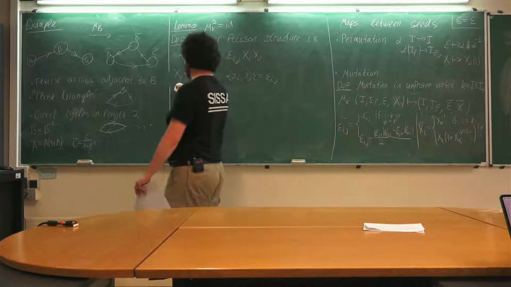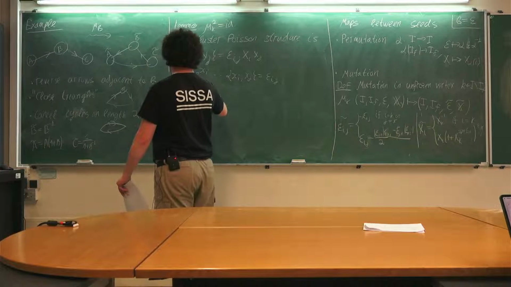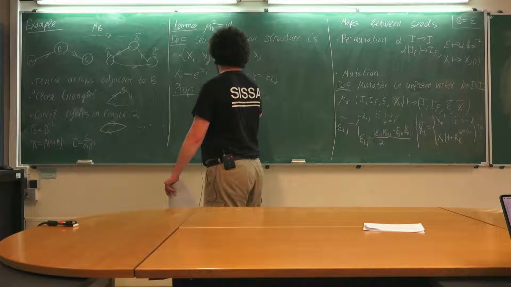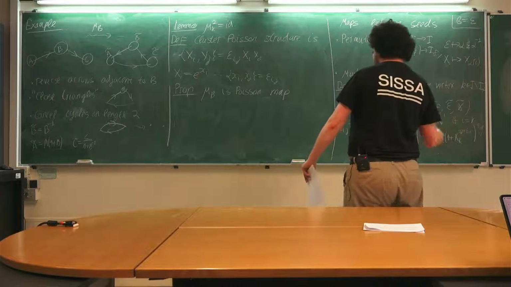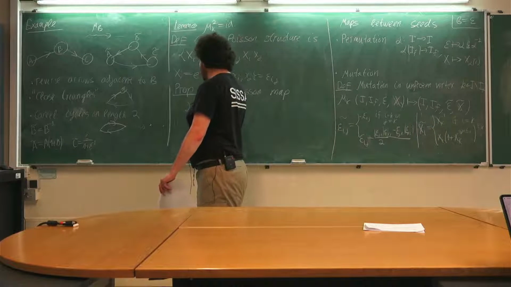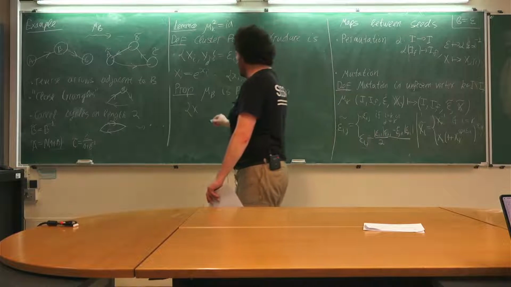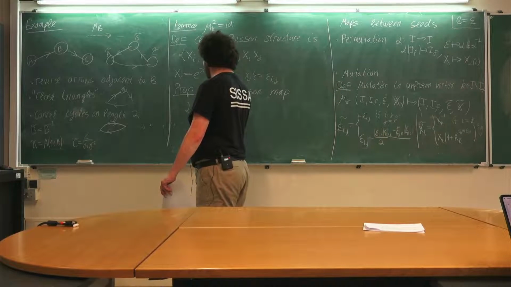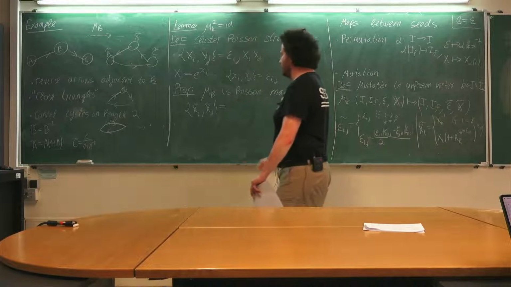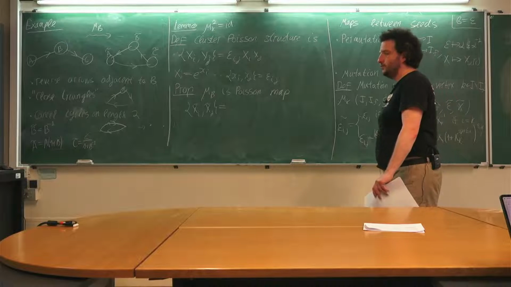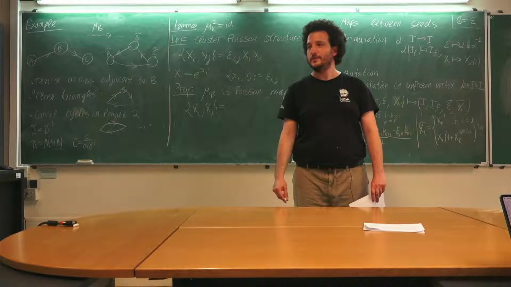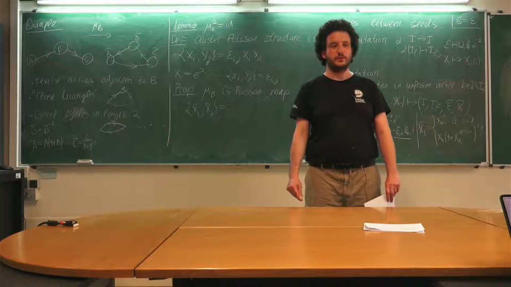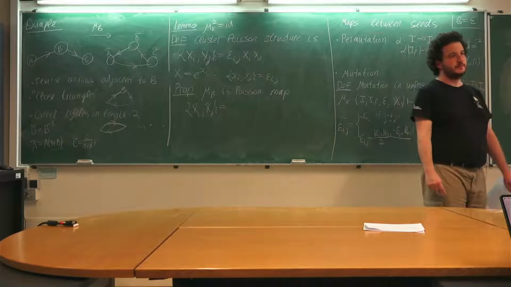So, proposition: mu b is a Poisson map. If you want more explicit, it means that if we take two coordinates after mutation, xi tilde and xj tilde, and compute the Poisson bracket, then what do we get? How do you think? What does this property of a Poisson map mean in terms of these functions?